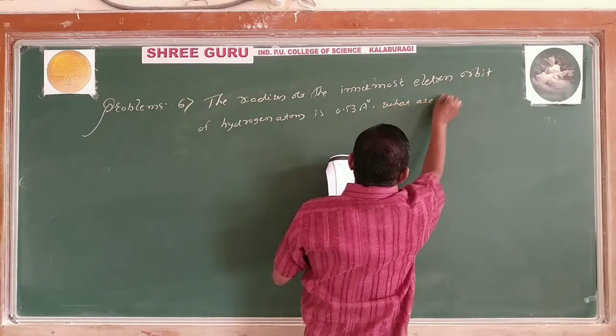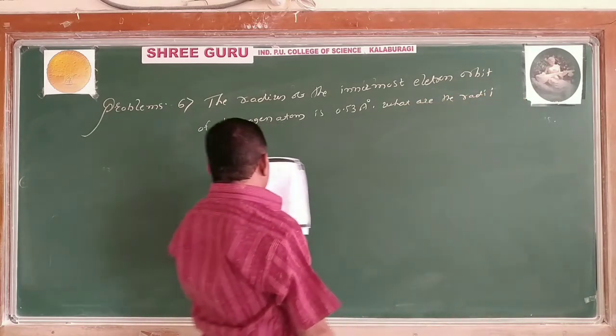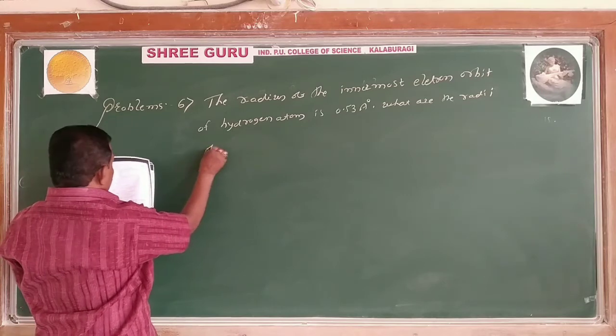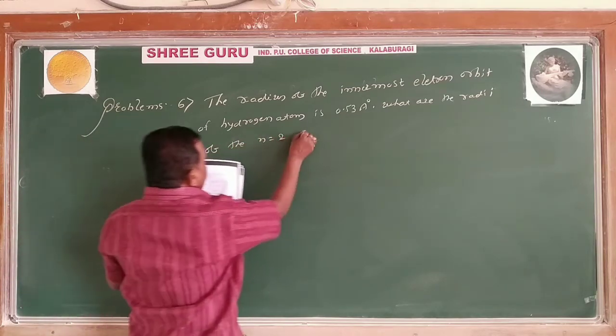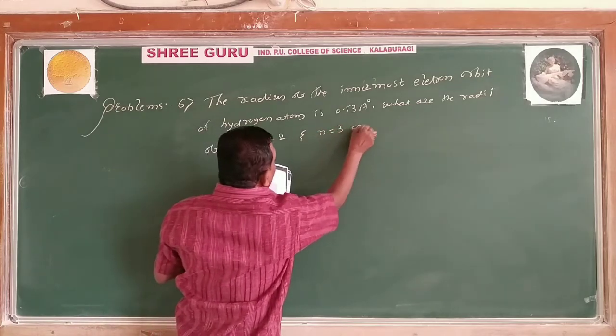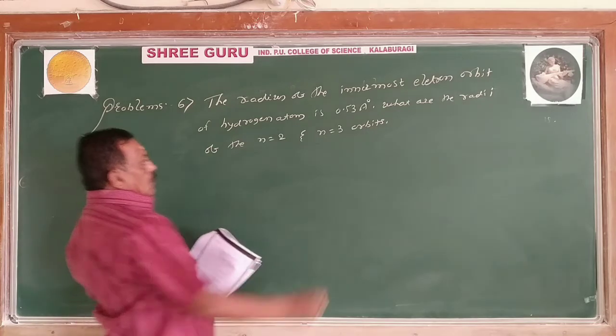What are the radii of the n equals to 2 and n equals to 3 orbits? Right? Question mark.